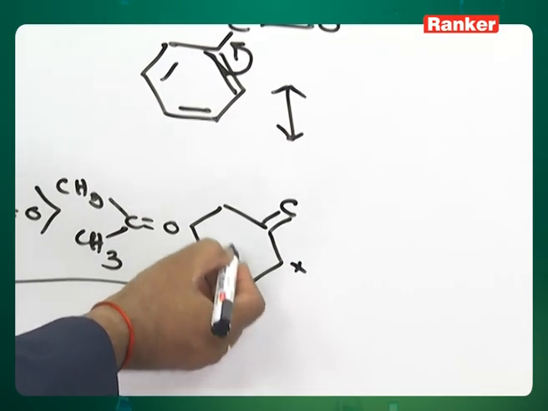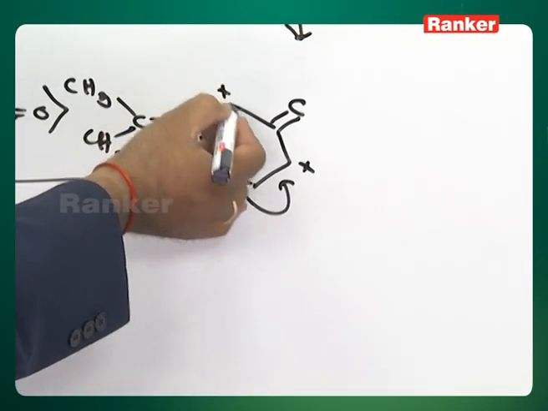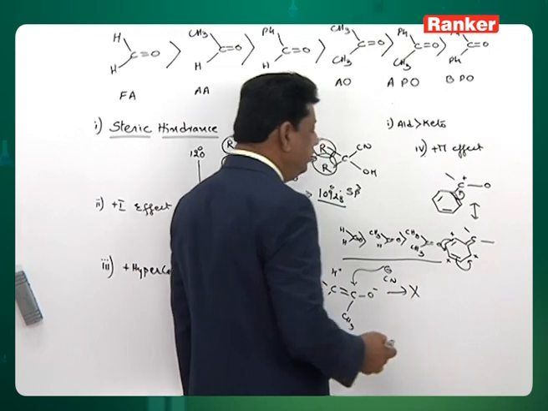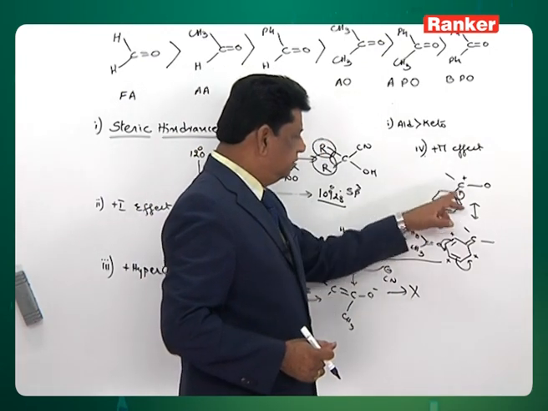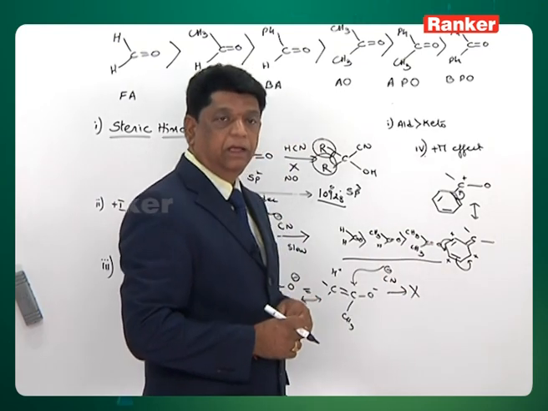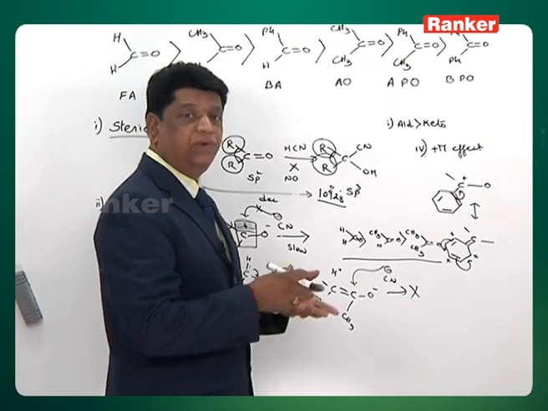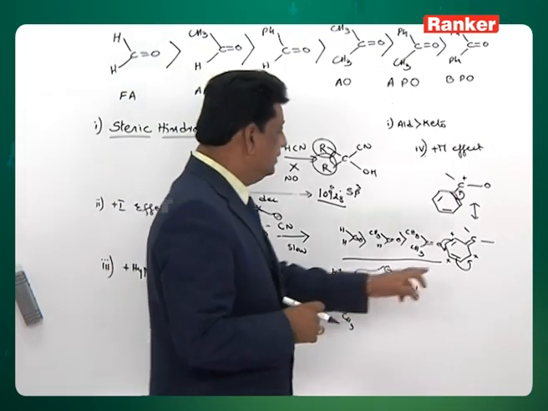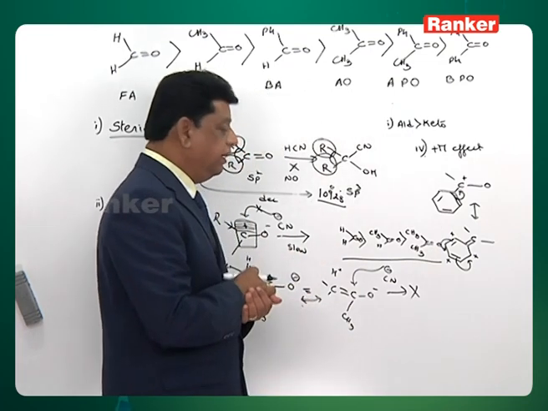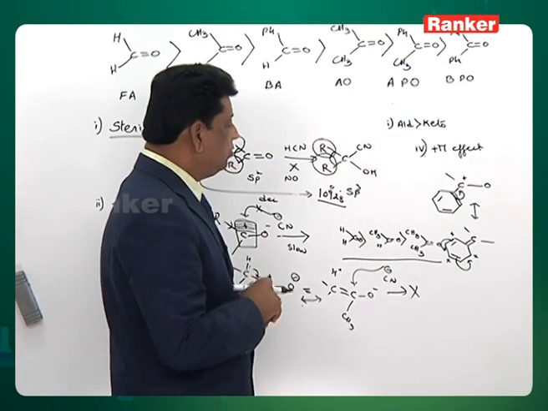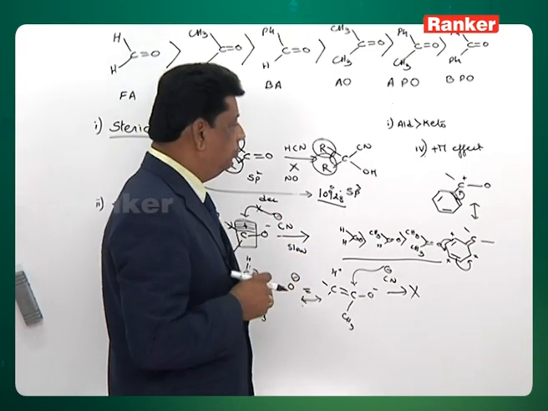Sometimes if this is given, it goes to the ortho, if this is given, it goes to the para. That is why whenever a carbonyl group is attached, benzene undergoes easy nucleophilic substitution rather than electrophilic substitution, because the positive charge entered into the ring, so a nucleophile can attack and make a substitution. So electrophilic substitution will become tough in the ring because of this carbonyl group.